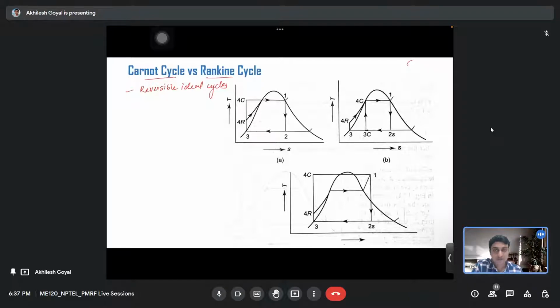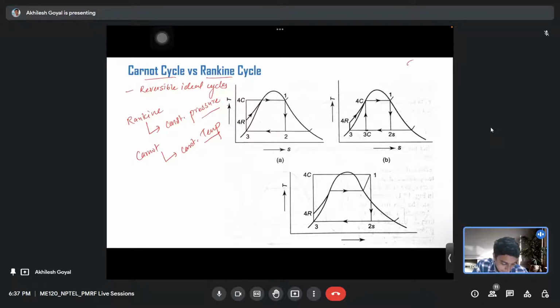But the main difference is the heat addition. In the Rankine cycle, heat addition is at constant pressure, and in the Carnot cycle, the heat addition is at constant temperature. So this is the main difference in heat addition.